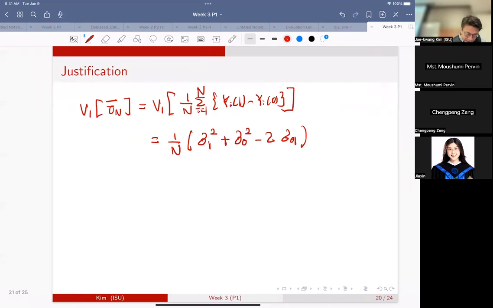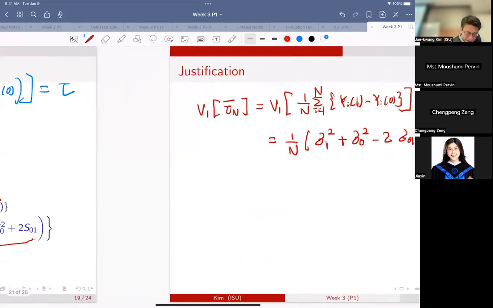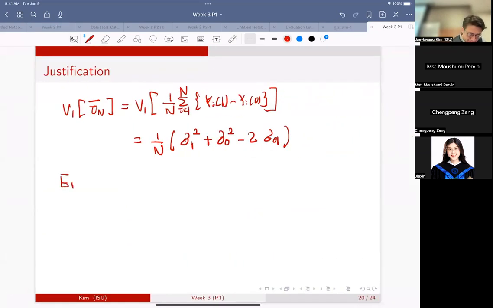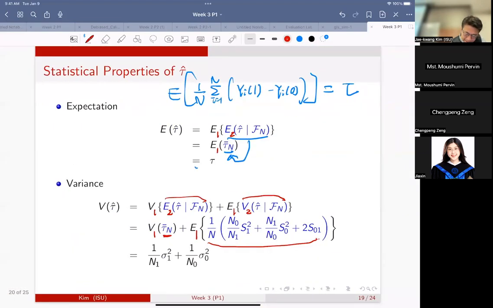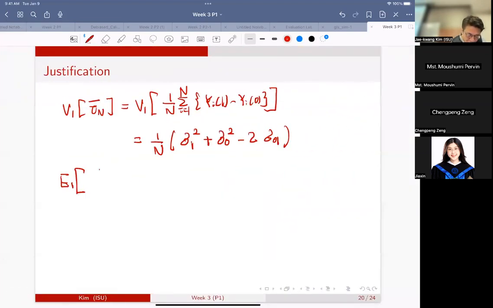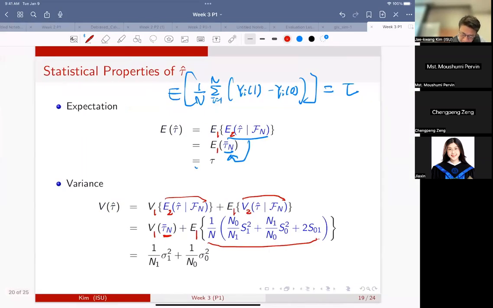And also the second part is the expectation of one over n, n0 and n1 as sigma 1 squared plus n0 and n1 as sigma 0 squared plus 2 sigma 01.